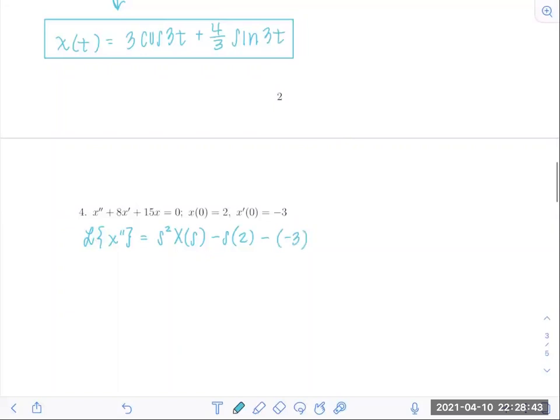So what I'm getting here is s squared X of s minus 2s plus 3. And now let's also find the Laplace transform of the first derivative. That is s X of s minus 1 times 2. So I get s X of s minus 2.